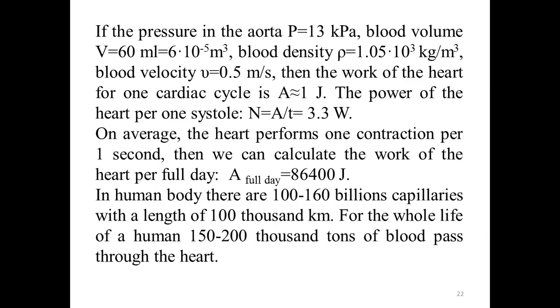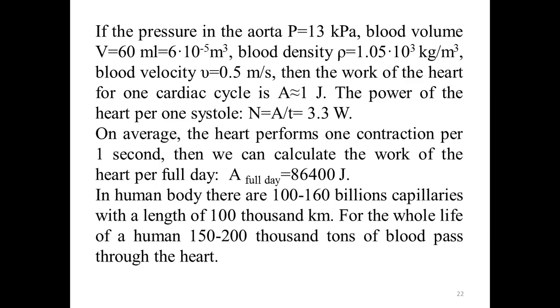If we calculate the appropriate power of the heart per 1 systole, then we obtain a value of 3.3 watts. On average, the heart performs 1 contraction per second. Then we can calculate the work of the heart per full day, and this work is 86,400 joules.